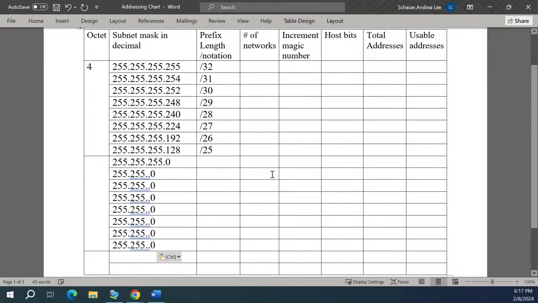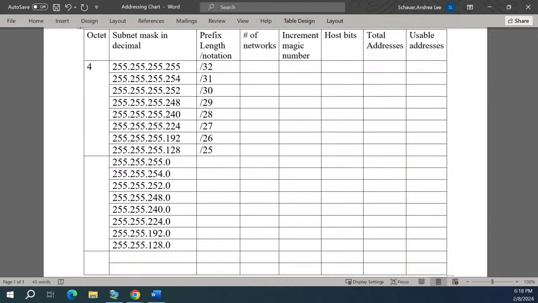Okay. So what's this one? 255, 255 dot. Okay. And then 252, and then 248, and then 240, and then 224, and then, what do we notice about the positional values?